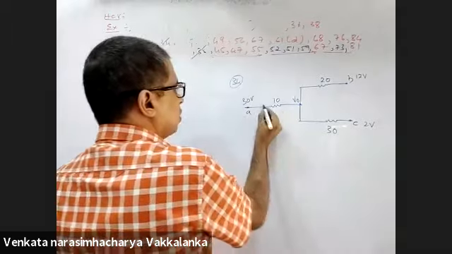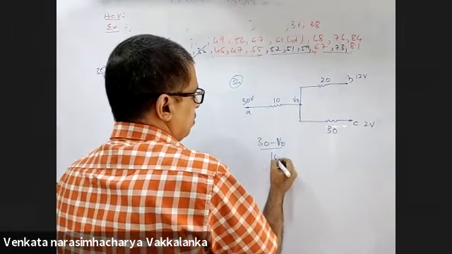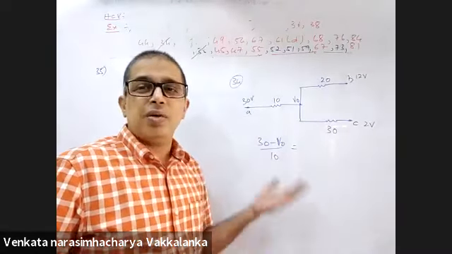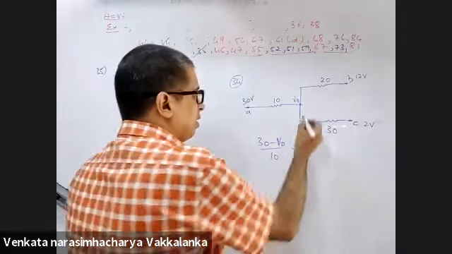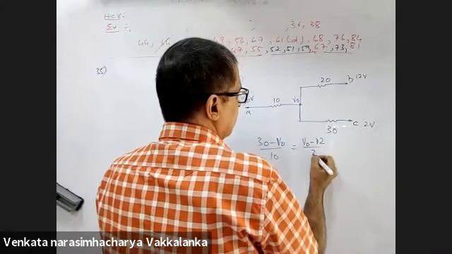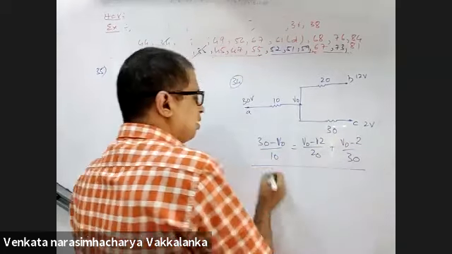Take this as V0. Total incoming current: (30 minus V0) by 10. Nodal analysis में किया है, KCL apply करना है. (V0 minus 12) by 20. (V0 minus 2) by 30.